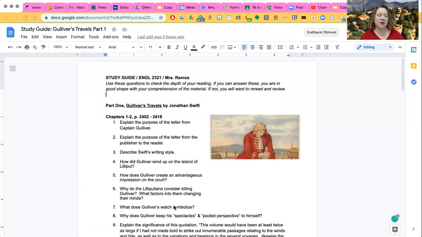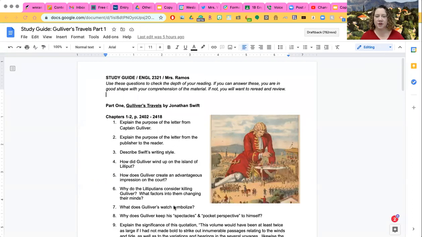All right, so Gulliver's Travels, there is a discussion this week. Your discussion number 6, I believe, is about Gulliver's Travels. So I want to touch base on any questions that you might have. You can put numbers in the chat if you want me to talk about a specific question, knowing that sometimes the study guide previews the exam.